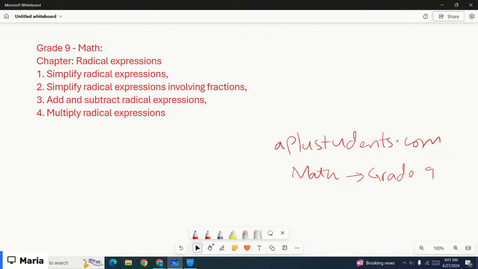The lessons we're going to cover today are simplify radical expressions involving fractions, add and subtract radical expressions, and multiply radical expressions.